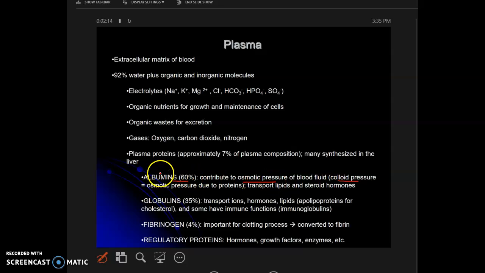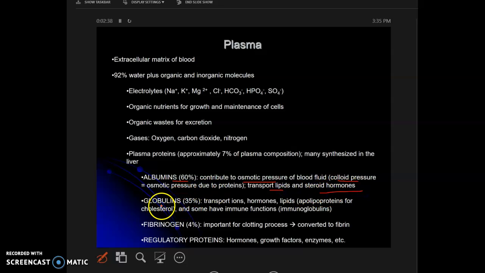All right, if this protein is low or is low in quantity, then guess what happens? Dehydration will take place. Your blood vessels will lose water, all right, because of exosmosis. And it's very important also for transport of lipids and steroid hormones.